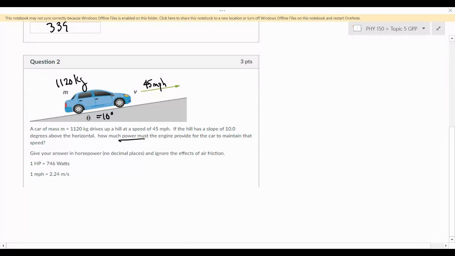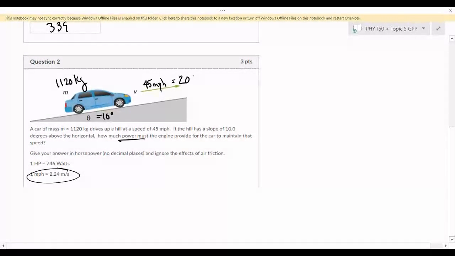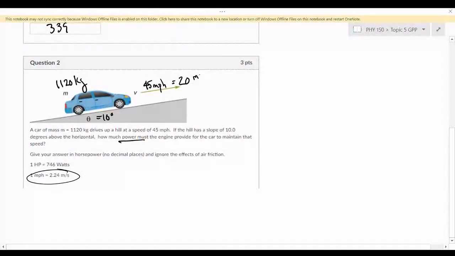Well, first, notice this, let's convert this to meters per second. The formulas that we're going to use are always MKS formulas. So 45 miles per hour is almost exactly 20 meters per second.